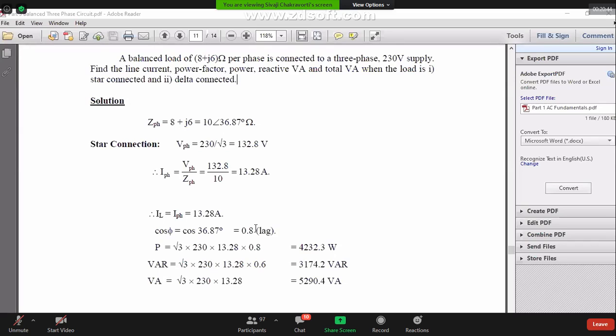Now again, for the students, I repeat: when you write the answer for power factor, if you write just 0.8, in my entire academic career I have given 50% marks, because that means you have not understood. Power factor should always be either lagging or leading. So this is an inductive load, 8 plus j6. Therefore it is 0.8 lag.